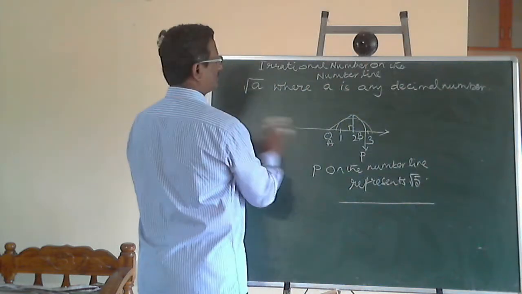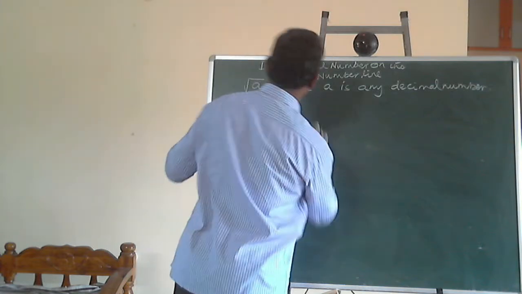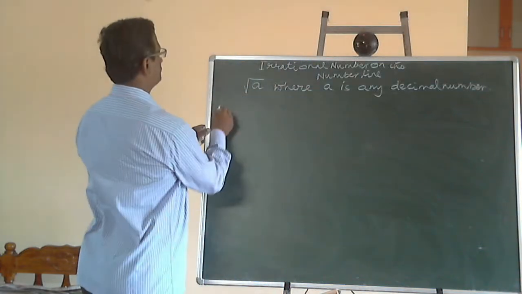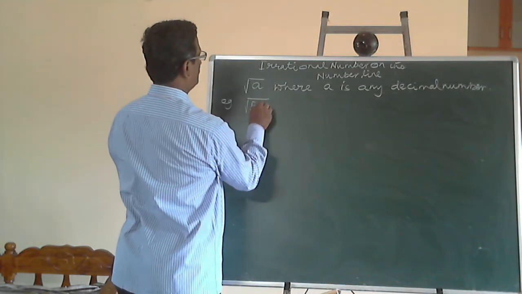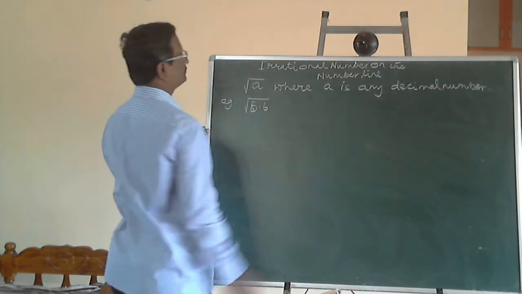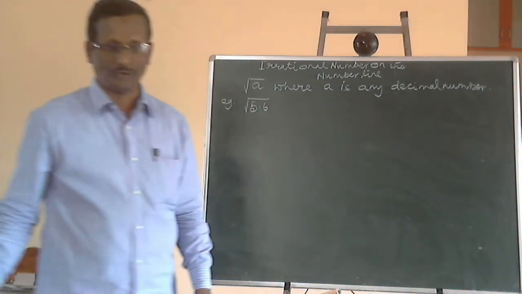For this, the construction goes like this. Example, under root 5.6. Suppose you want to draw under root 5.6.